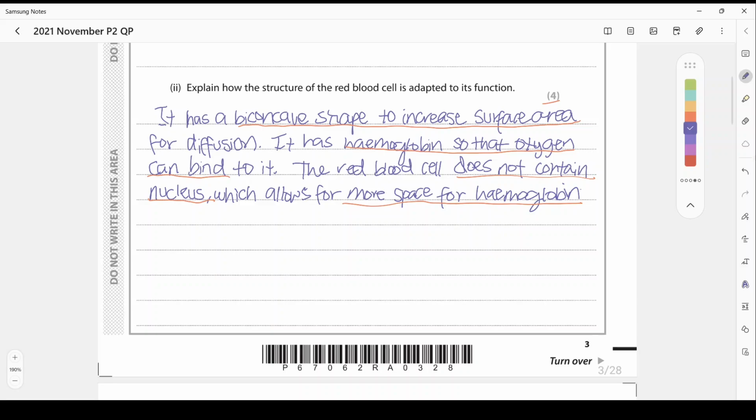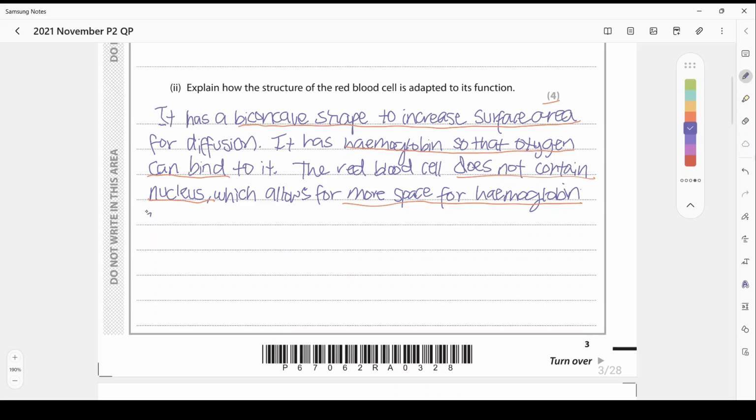Another thing you can also say is that the membrane of the red blood cells are very thin, and that allows for a shorter diffusion distance so that oxygen can easily diffuse through. So those are the 2 points we could also say. Let's talk about that here.